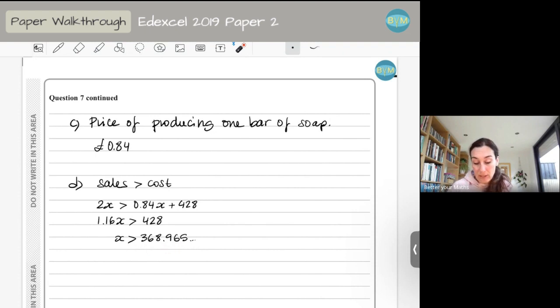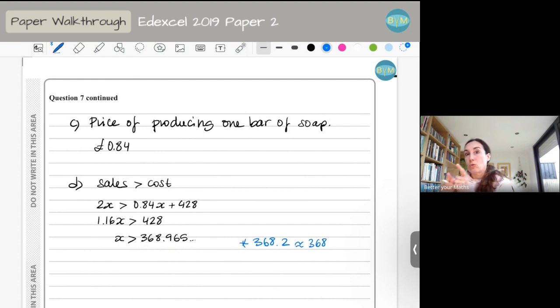But if this is 368.2, don't round down, because imagine it is 368.2. You could say, oh, 368. But with 368, you're not going to have a profit. That's why you need to round to where it makes sense, even if it's not what you would round to in normal circumstances. So it's not the case in this question.